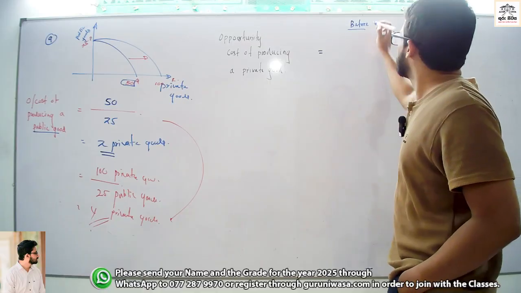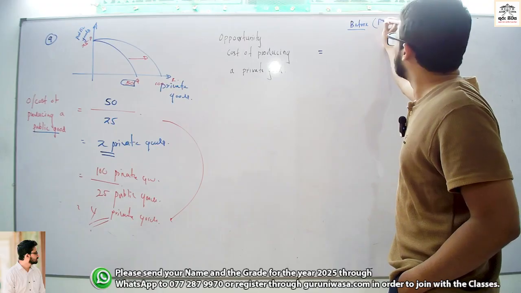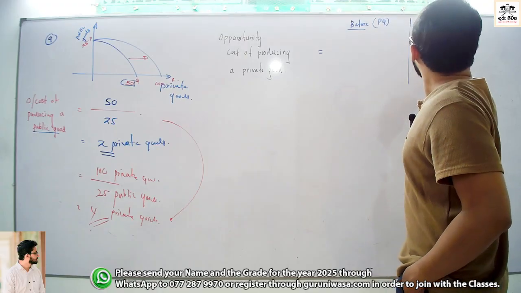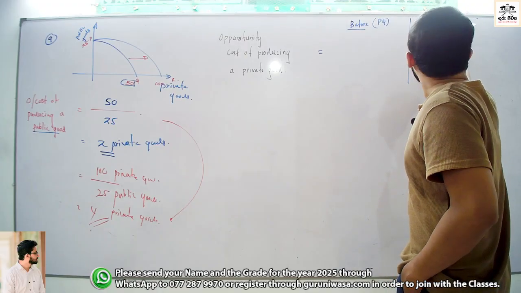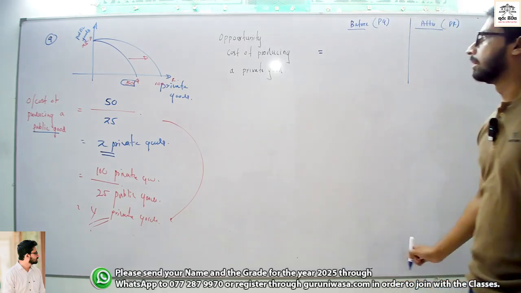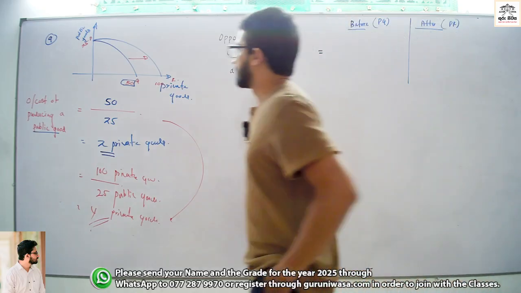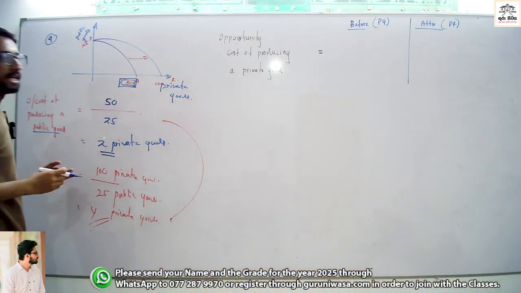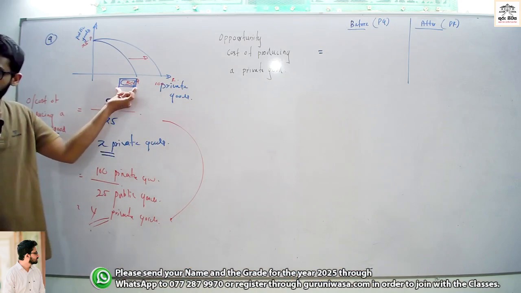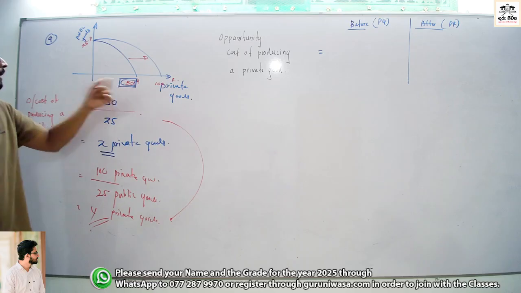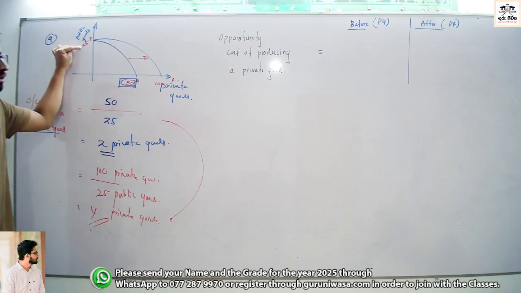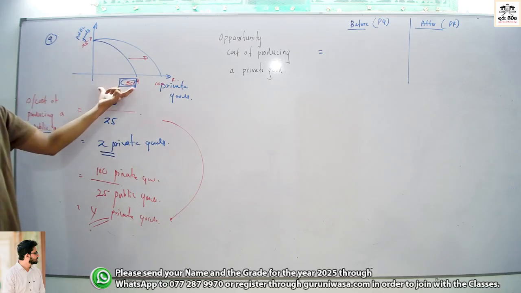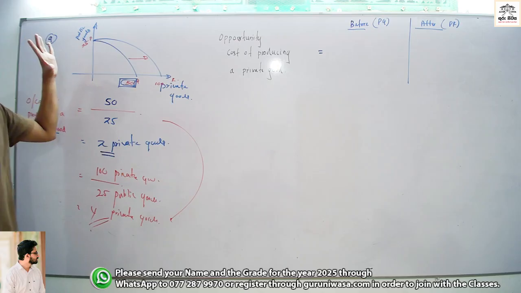Before means the original PPC curve, PQ. After means the new one, PR. Now in this diagram, if they produce 50 units of private goods, we have to give up 25 of these. We can't produce both. If we take 50 here, we have to give up 25. Okay?